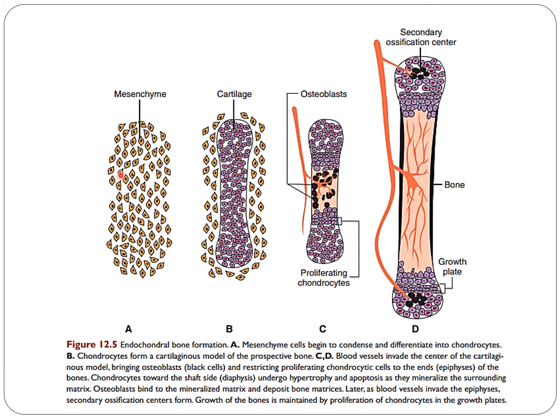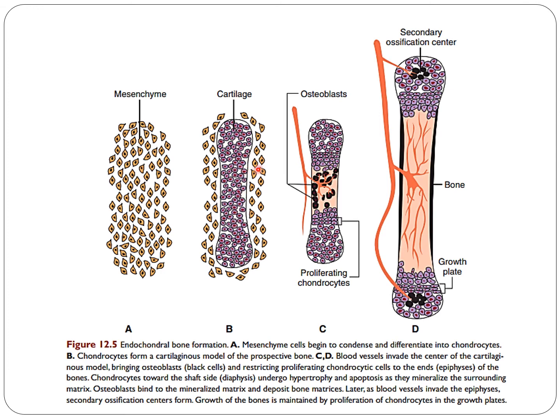Initially the mesenchymal tissue will form, and these mesenchymal cells will condense and differentiate into cells known as chondrocytes. Chondrocytes are the cells of the cartilage. So initially there are mesenchymal cells, they begin to differentiate into chondrocytes, and these chondrocytes collect together, condense together and form a cartilaginous model in the middle.